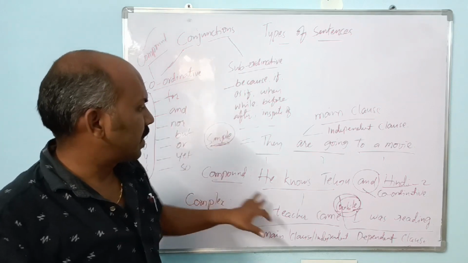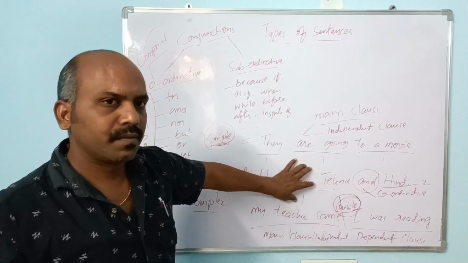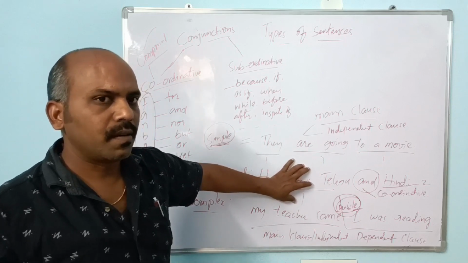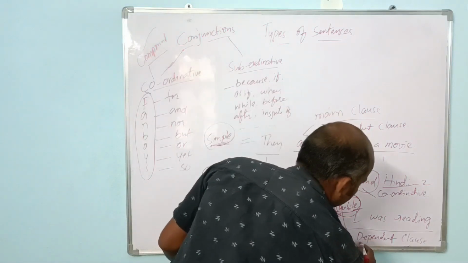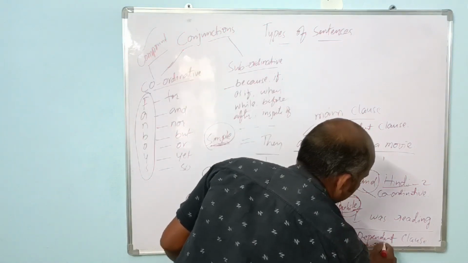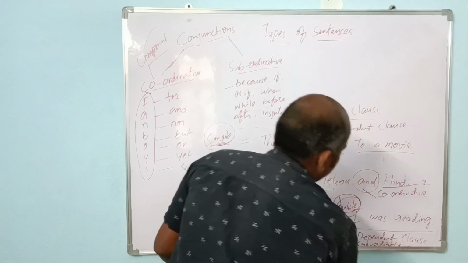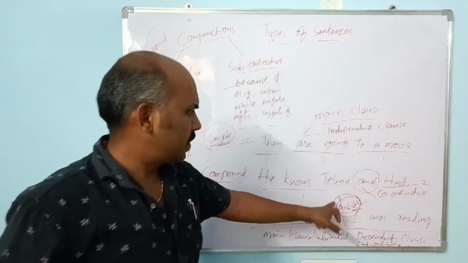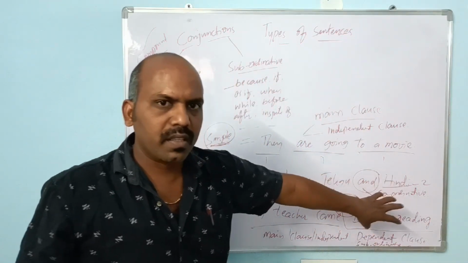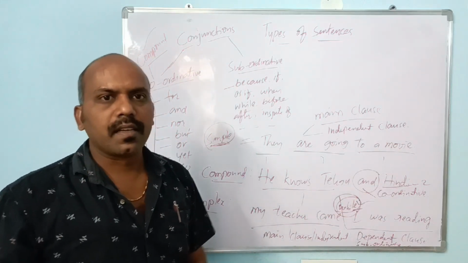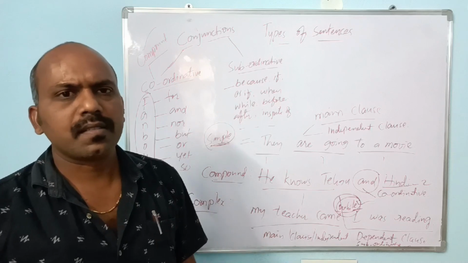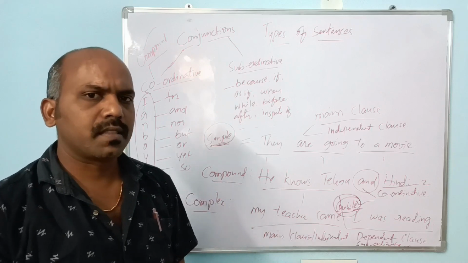Here in compound we are adding main classes only, not dependent or subordinate classes. And the class added with a subordinative conjunction comes under the subordinative class. Subordinative classes don't give complete sense by themselves; they need one more main class to get a complete sense.